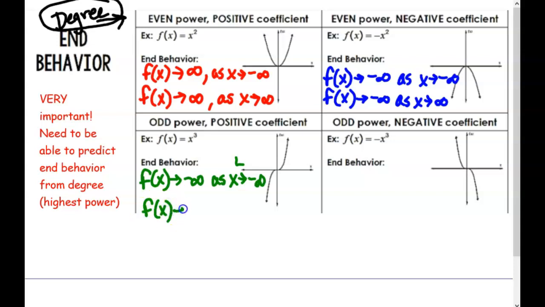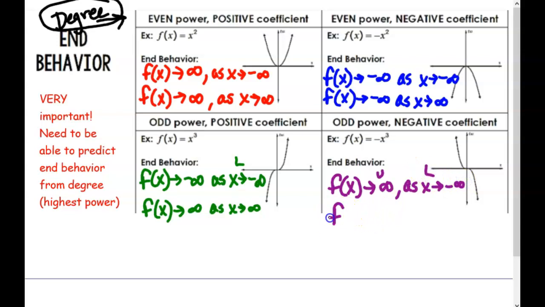And then this one is going up as the x values go further and further to the right. And the last one, f of x is going up as x goes to the left, and f of x is going down as x gets bigger and bigger to the right.